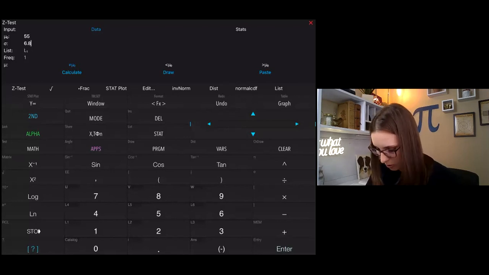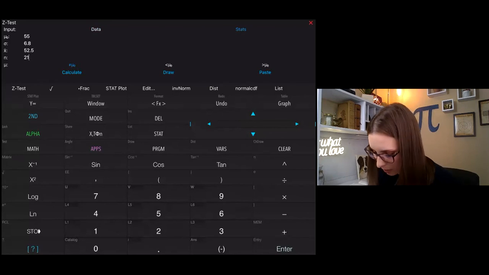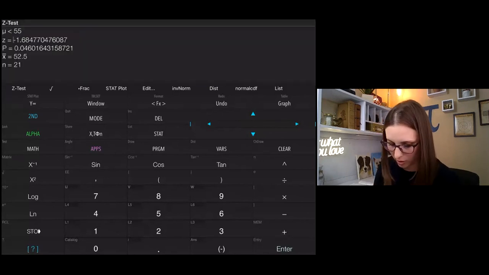Darn it, we're doing stats. Forgot to select stats. Our sample mean is 52.5 and our sample size is 21. And then this, we are testing less than, I believe. Calculate. So there's our test statistic, there's our p-value, 0.046.